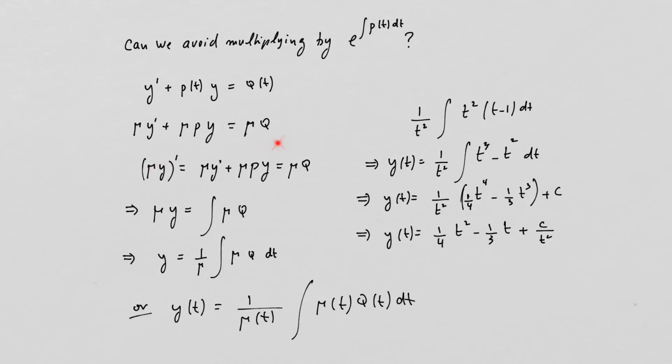Which means, if you look just here now, these two terms, mu y is the integral of mu q. So that means y is 1 over mu times the integral of mu q. Again, don't cancel mu, please, okay? This mu of t is inside the integral, and this mu of t is outside. So that means my general solution, y of t, is just 1 over mu of t, integral of mu of t, q of t.